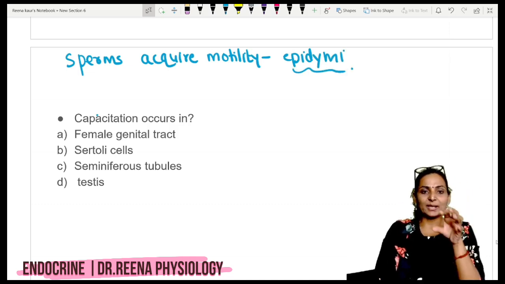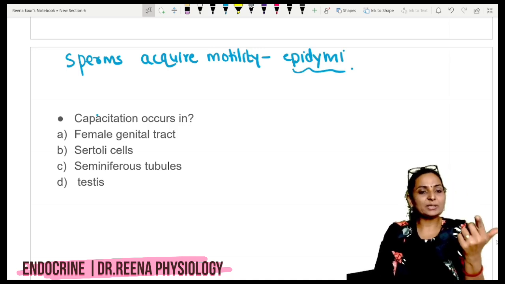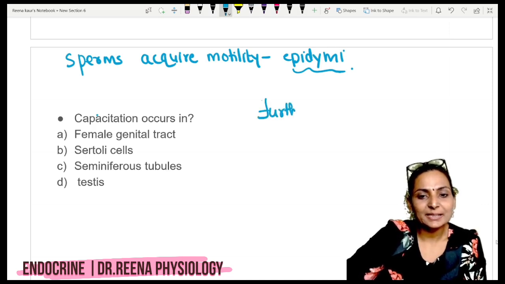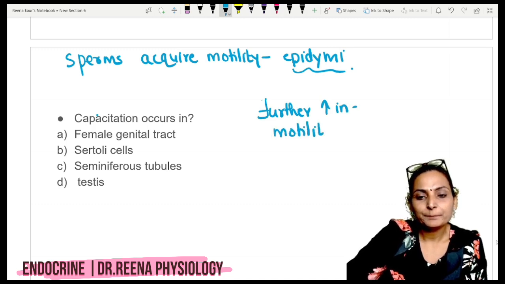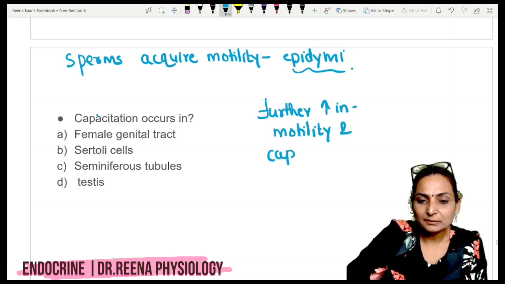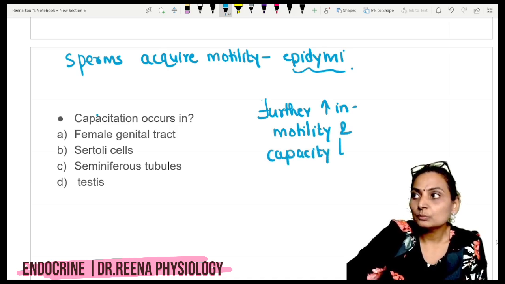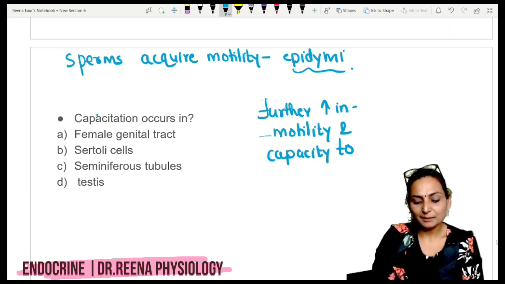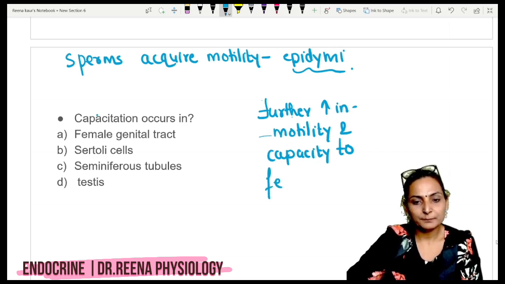Now, even after they acquire motility, there will be a further increase in motility and capacity to fertilize the ovum.